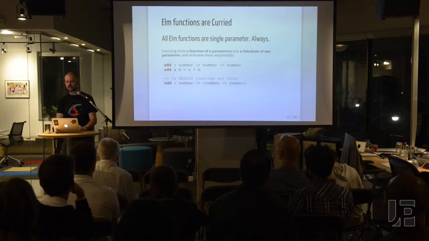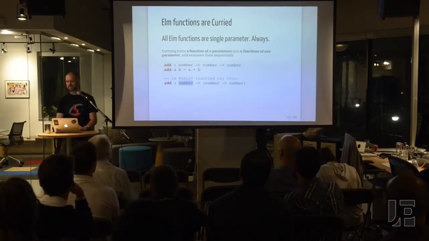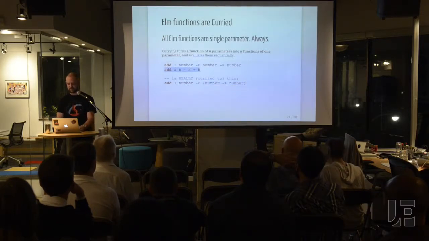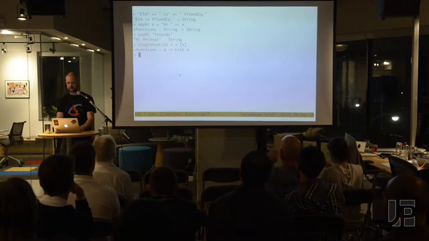Okay? That means if I define a function add that takes a number and gives me a number, what that really is a function that takes a number, just one number, and it returns another function. That function takes a number and returns the result. I'm going to just show you that so you trust me here.